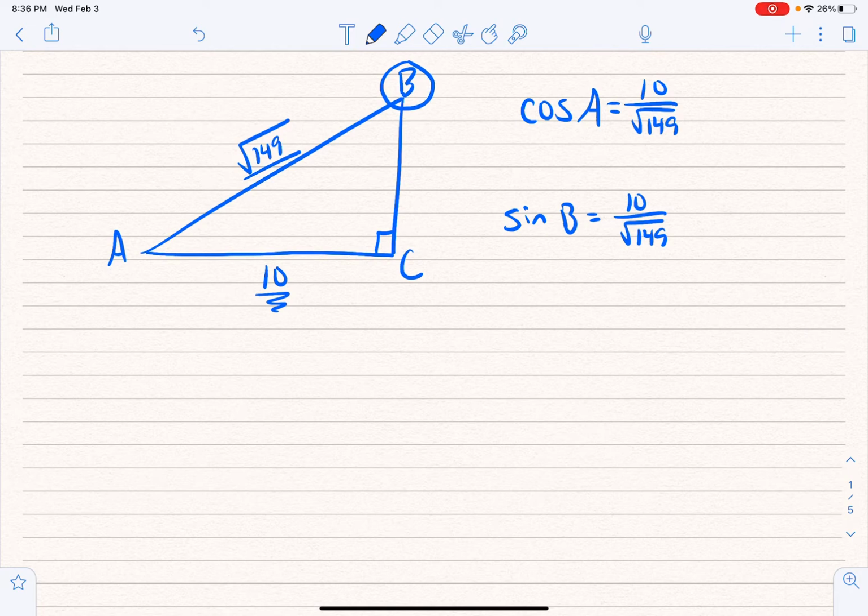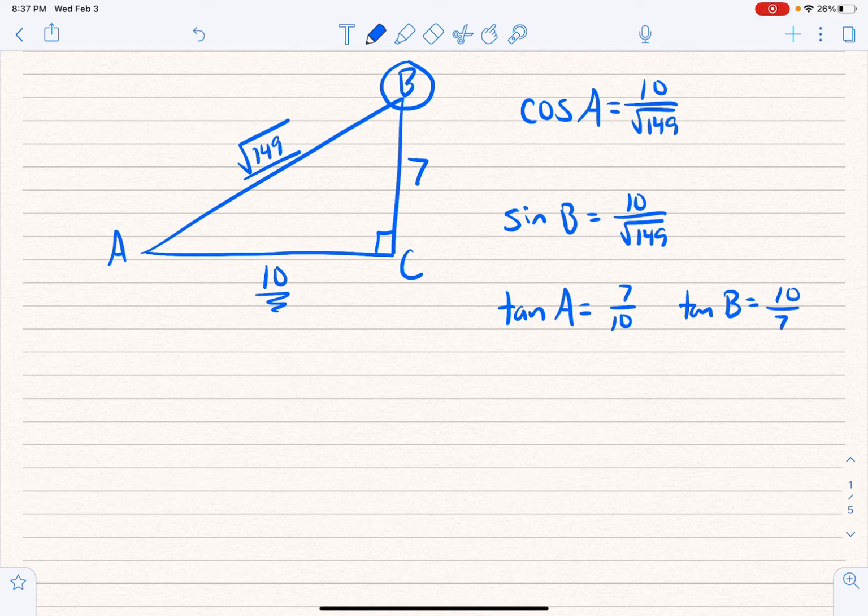Now, we can't use tangent because we don't have a situation where we have opposite and adjacent. But if we did use the Pythagorean theorem and figured out that this side was 7, then we could use tangent to figure out these angles as well. We could say the tangent of angle A is equal to opposite over adjacent, or the tangent of angle B is equal to opposite over adjacent.